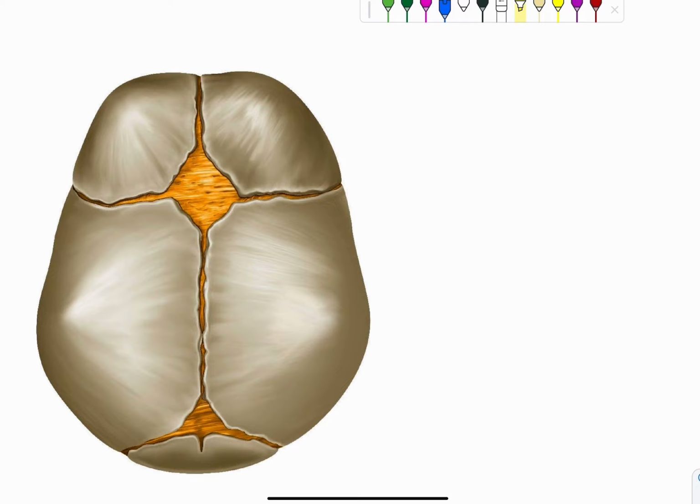So why do we need sutures? These sutures allow the growth of the brain along with the growth of the skull bone also. Okay, so if there is a suture like this, you see a gap between, this is a suture. My thumb is representing the brain here. As the brain is developing, this brain will push the cranial bones. So cranial bones are not yet attached here.